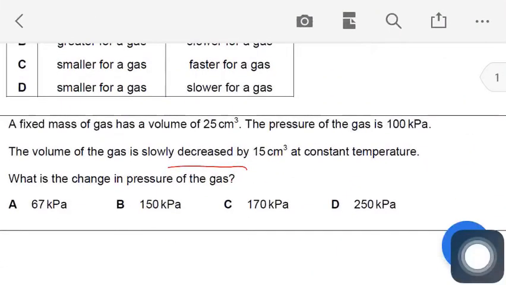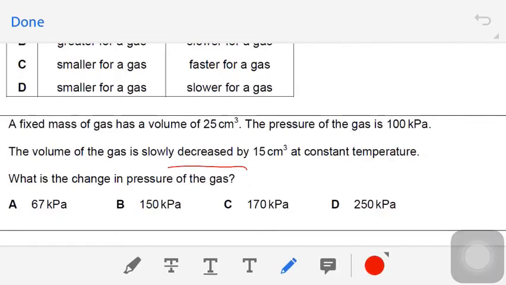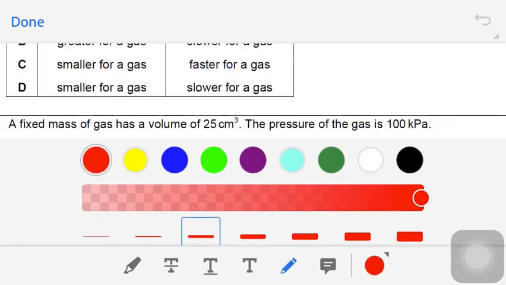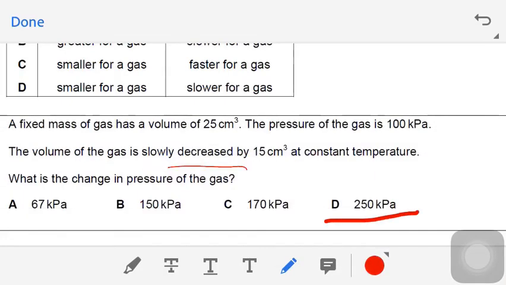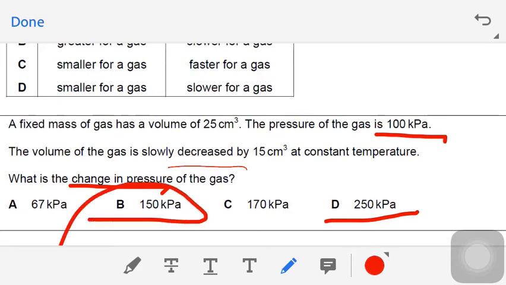So if you look at answer D, the answer D is 250 kilopascals. But the question is again the change in pressure, not what the final pressure is. So the pressure has gone from 100 to a final value, as we calculated, 250. So the change is 150.